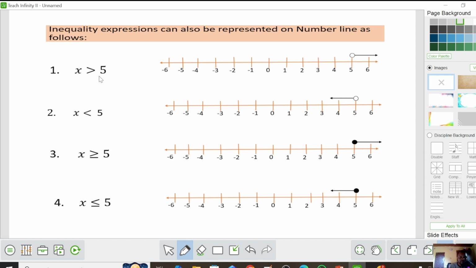So the example that I've just discussed can be represented using a number line. A number line is a line that shows positive and negative integers. The positives are on this side, then the negatives go to this side, with 0 at the center.